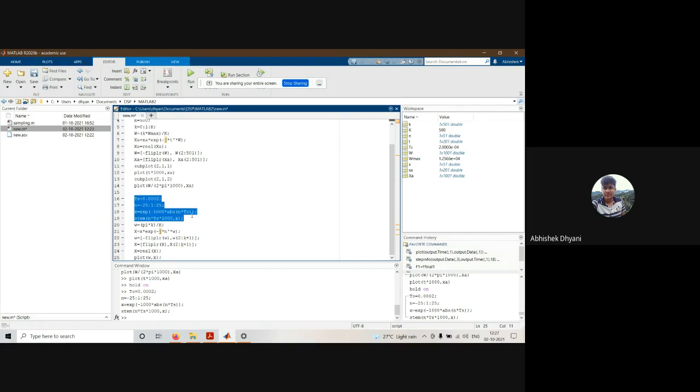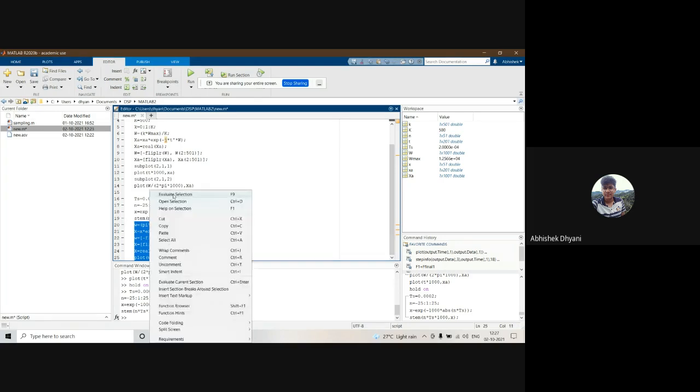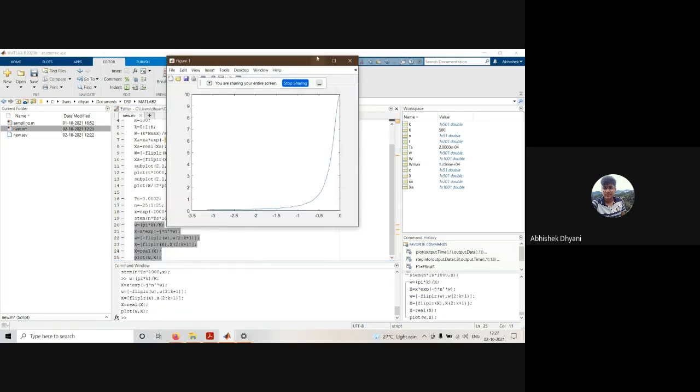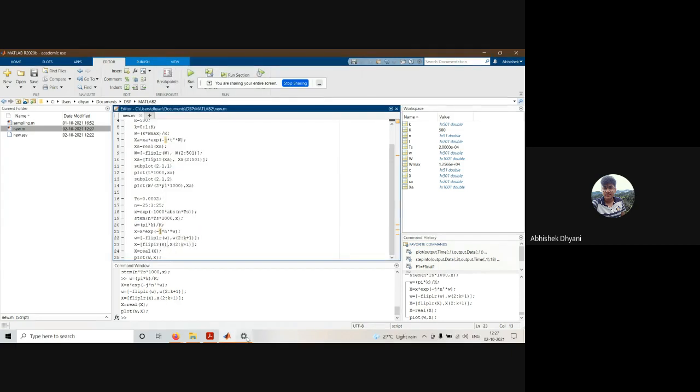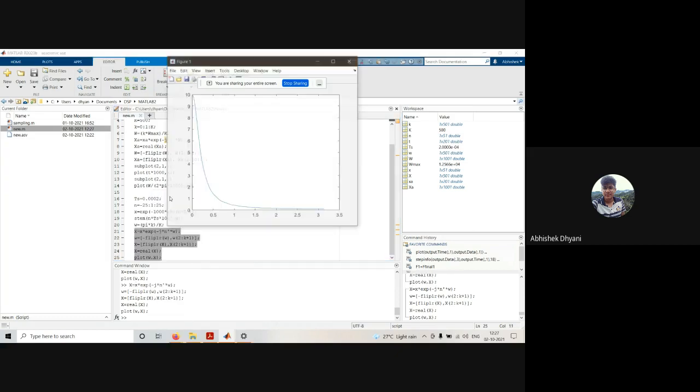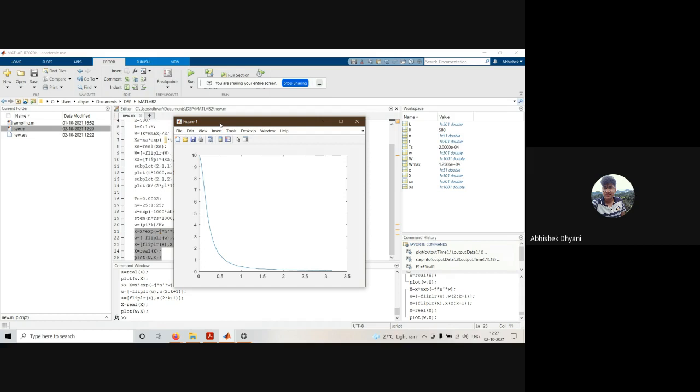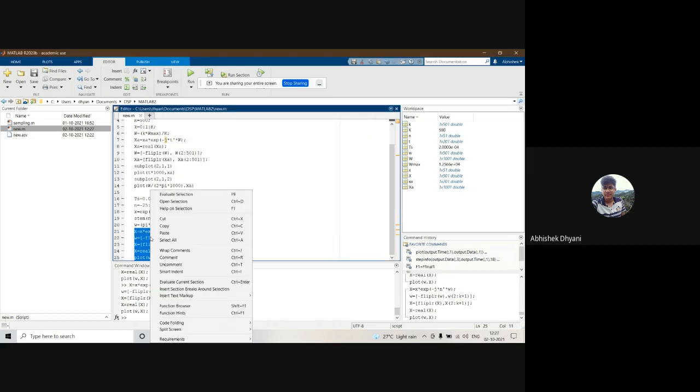We have already seen this part. Let me now draw this DTFT. Oh, I think it didn't, it just plotted on one side. Okay, why is that?